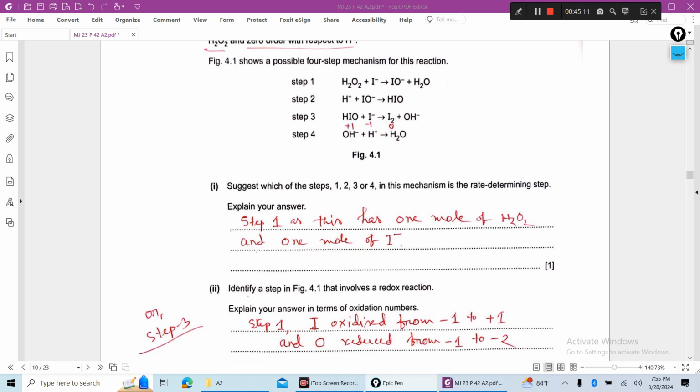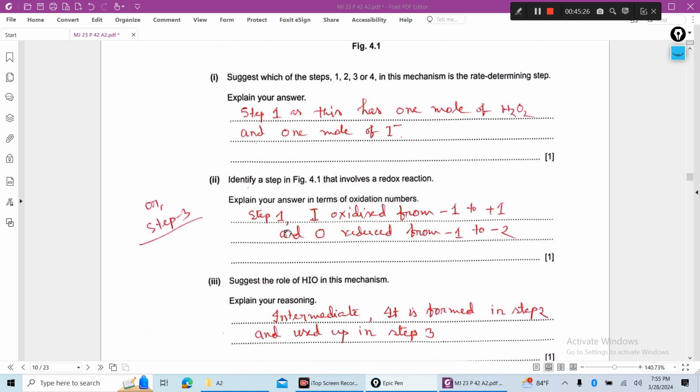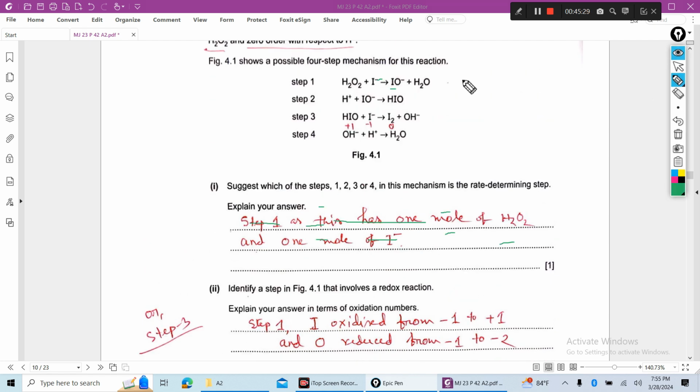In step 1 you see iodide ion is -1 here, and here it is +1, so iodide ion is oxidized. In hydrogen peroxide the oxidation number of oxygen is -1, and here in water oxygen is -2. So iodide ion is oxidized and oxygen is reduced, that's why it is a redox reaction.